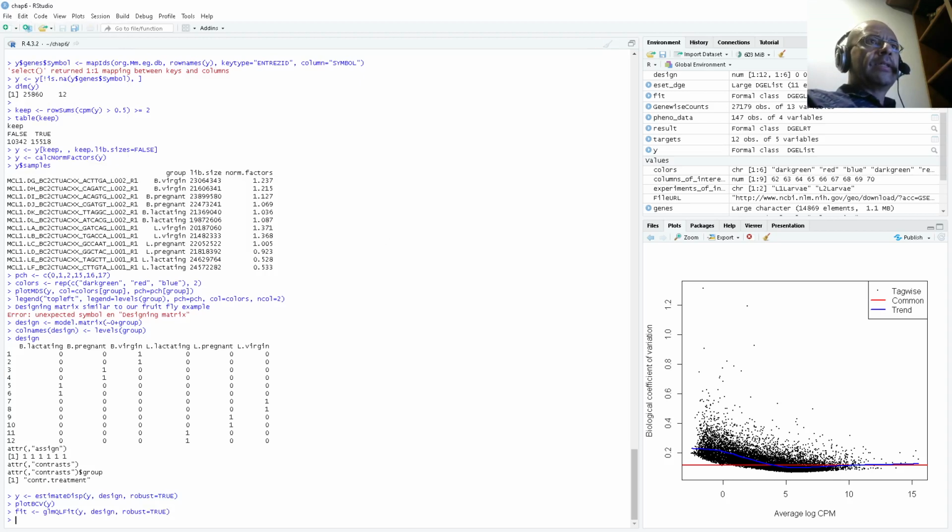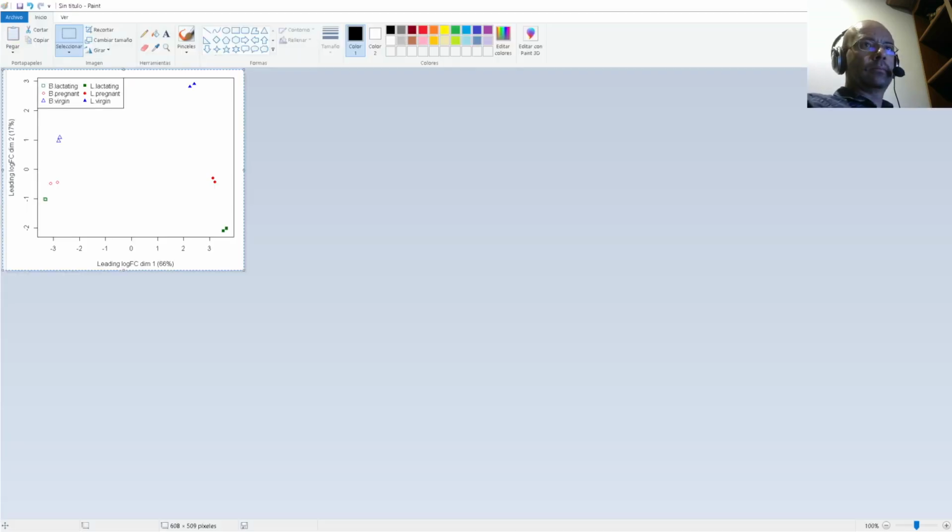After estimating dispersion, we move on to our differential expression analysis. One key observation is the comparison between basal cells in the pregnancy and lactation groups.